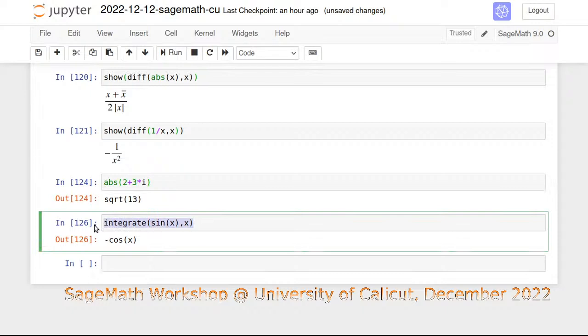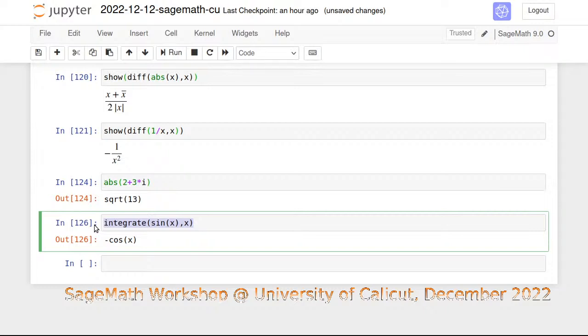This inconsistent way of defining functions is mainly due to the fact that different functions in SageMath are defined by different people. For the diff function, they assume that if you do not specify a differentiating variable, and if only one variable is present, differentiate with respect to that particular variable.